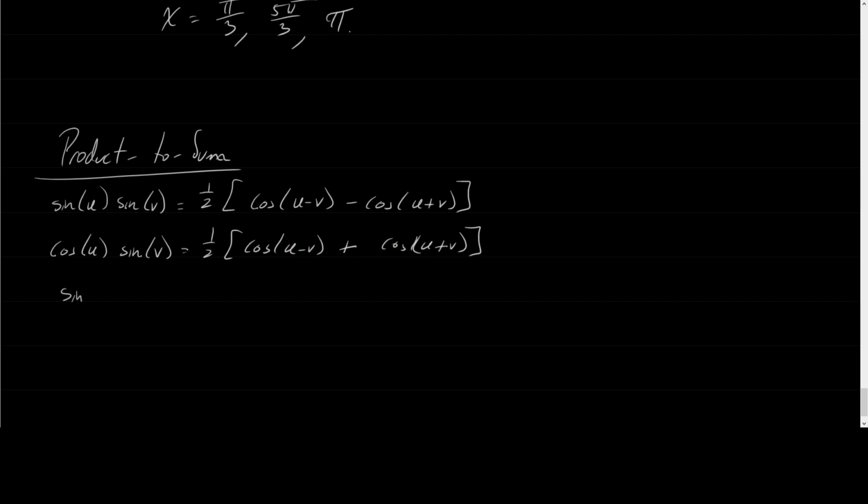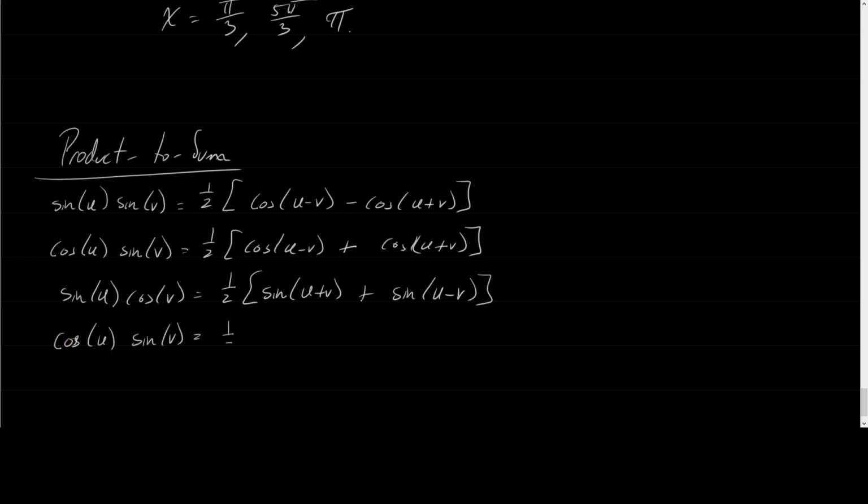If I had sine of u times cosine of v, that would be 1/2 times, not cosine, sine of u plus v plus sine of u minus v. And lastly, if I had cosine of u times sine of v, this would be 1/2 times sine of u plus v minus sine of u minus v.